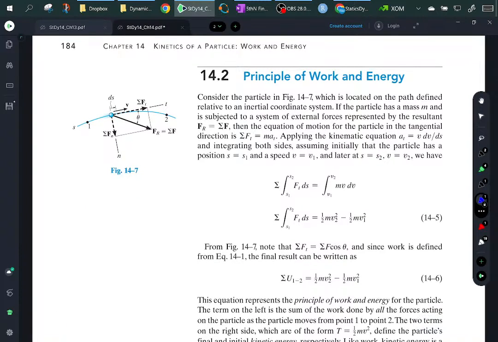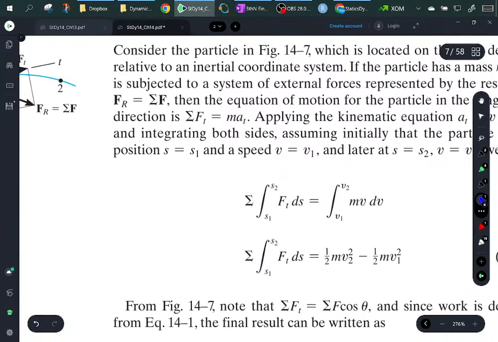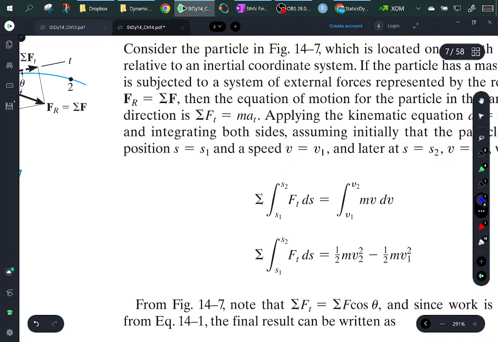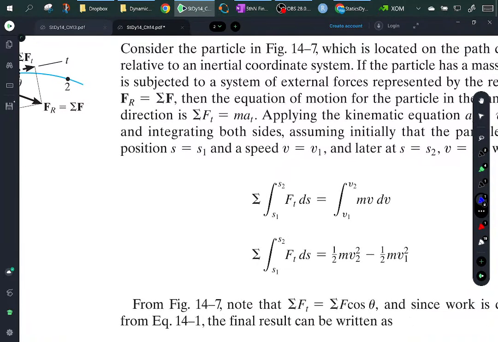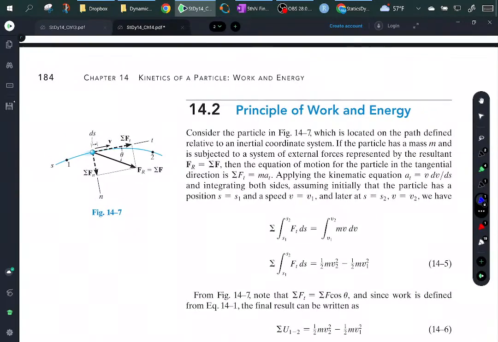So he talks about principles of work and energy. So you basically have an equation that, okay, so let's see. I can just write over here.